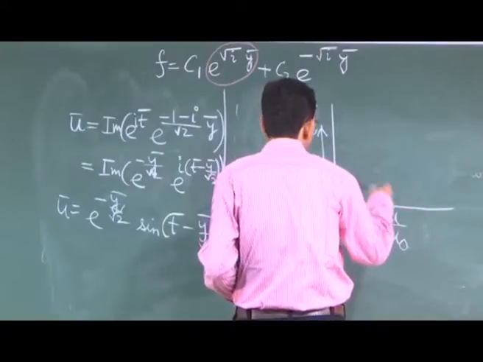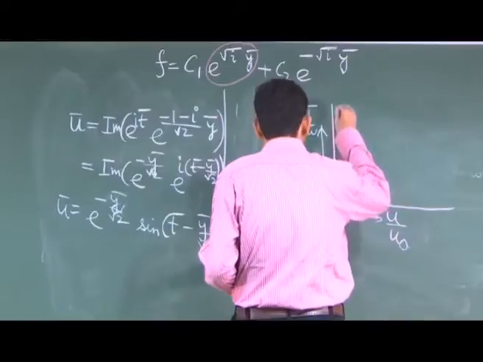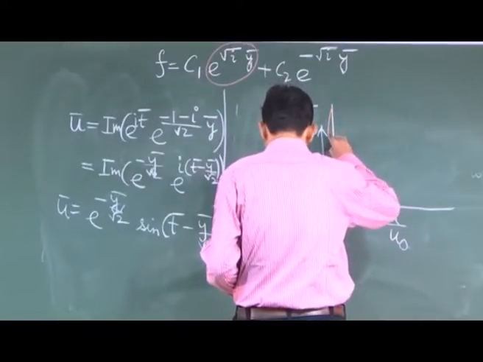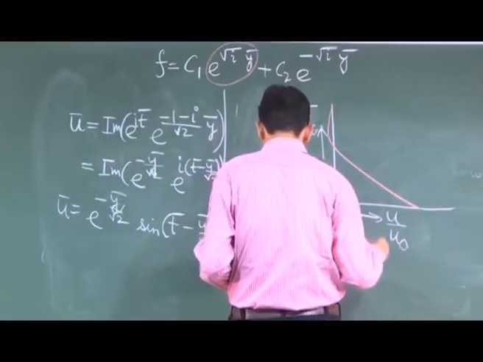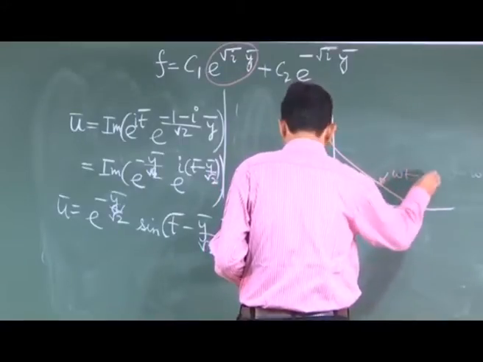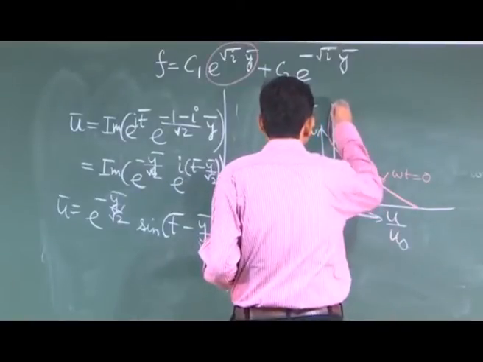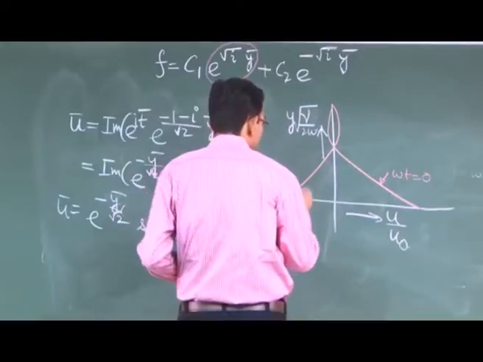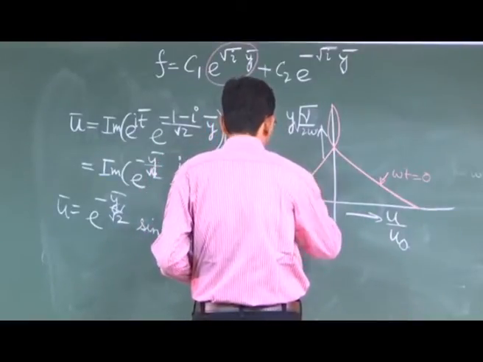So, the plot depends on omega t, right. So, this is omega t is equal to 0. So, you have a very symmetric plot of that for omega t is equal to pi.